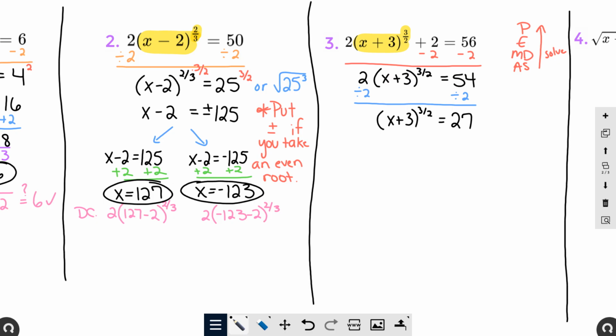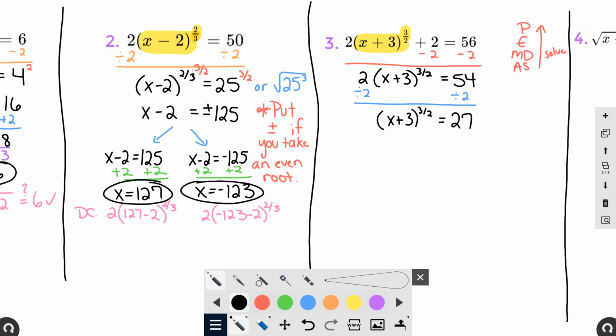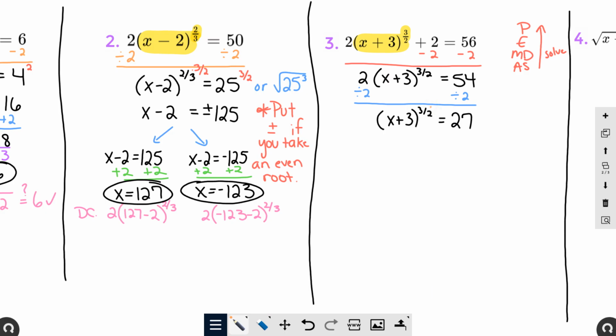So add or subtract, multiply or divide. Then, if you think about these steps, we're kind of going our order of operations in order. So next we get rid of the exponent. How do I get rid of that exponent? Good. So we're going to raise both sides to the reciprocal, which is 2/3.